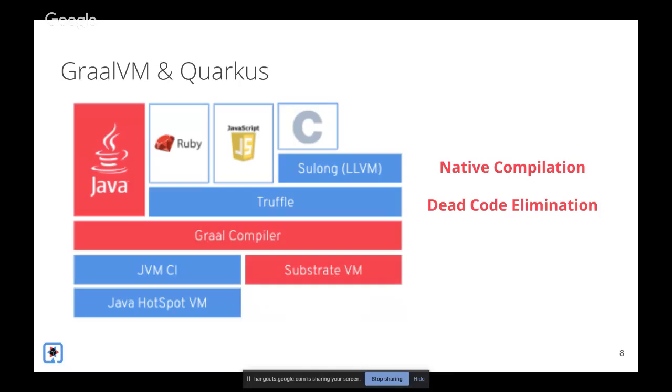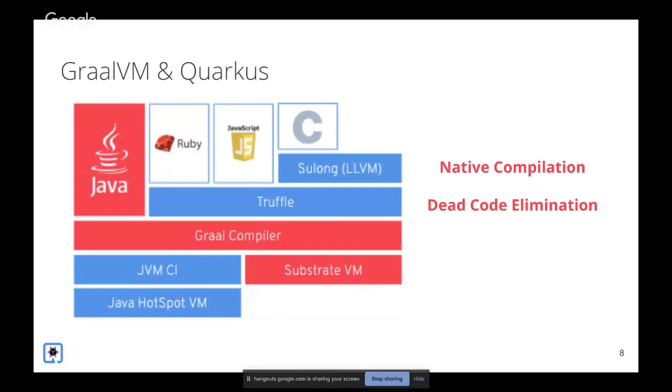And underlying, even inside of your binary, there's still a virtual machine running, but its role is greatly reduced compared to just running on OpenJDK with a HotSpot VM. So what Quarkus utilizes GraalVM for is both native compilation and dead code elimination.